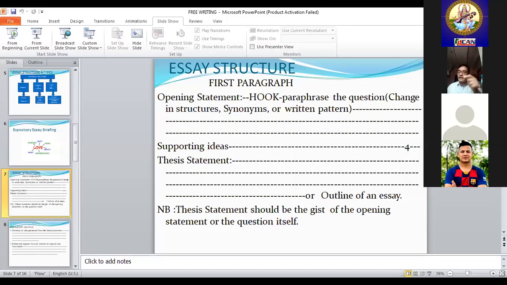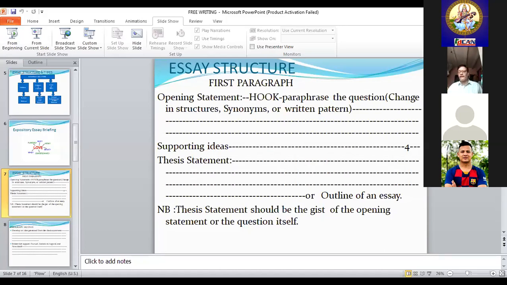In order to take something from the questions, this is what we call a hook. Hook is a word I kept there in order to make a paragraph so lucrative and attractive that readers can find interest in your issue. So for the hook, step number 1, paraphrase the questions.